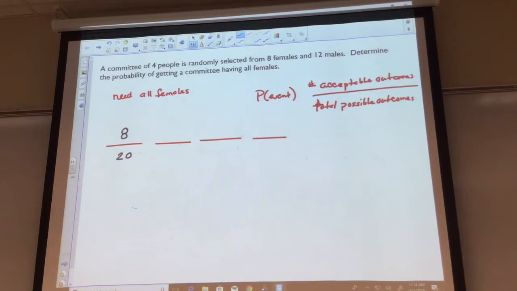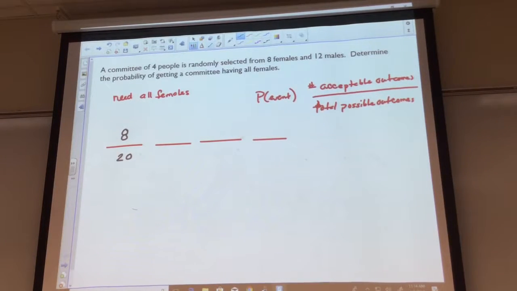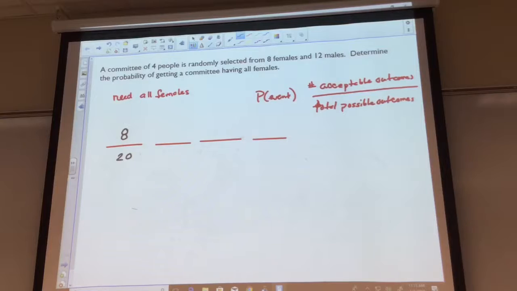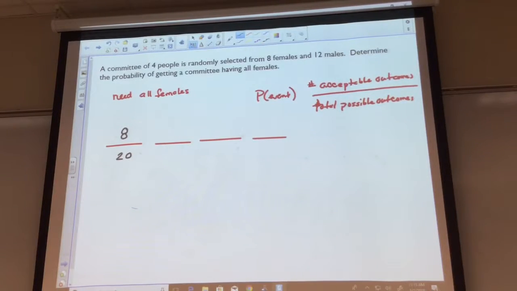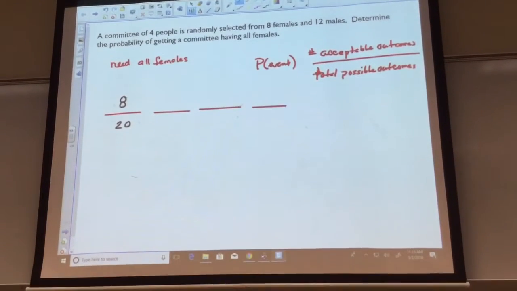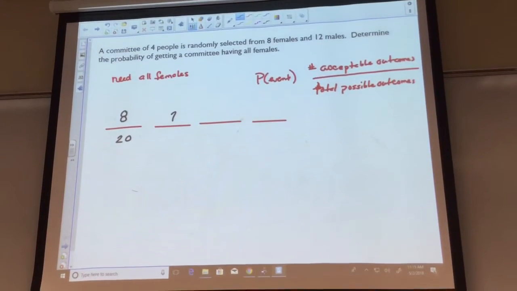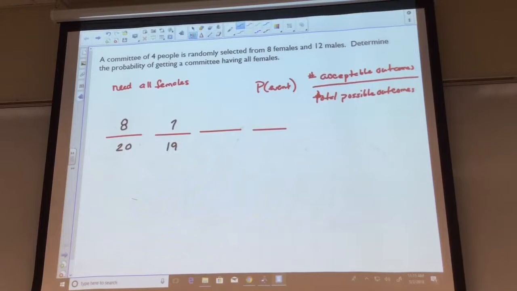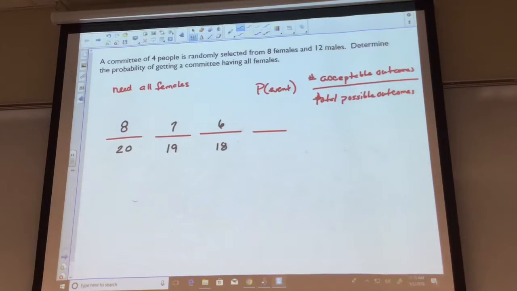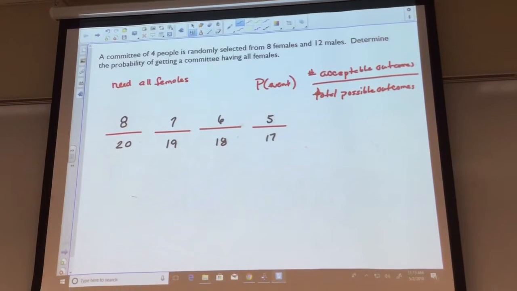So there are 8 things that we're okay with, but there are 12 things that we're not okay with, giving us a total of 20 different outcomes. And because you can't be both the first and the second person on the committee, now we're down to 7 out of 19. Then we're down to 6 out of 18. And then we're down to 5 out of 17.